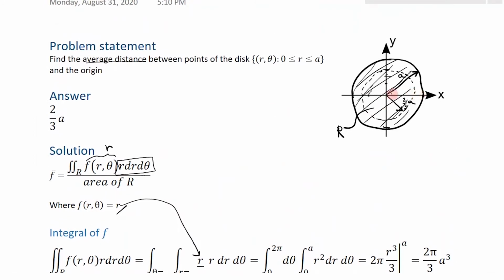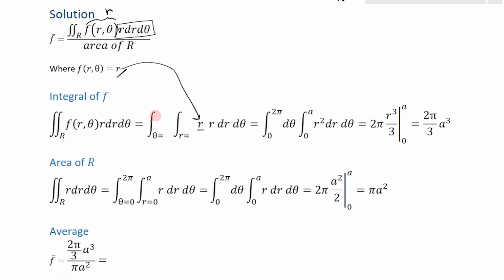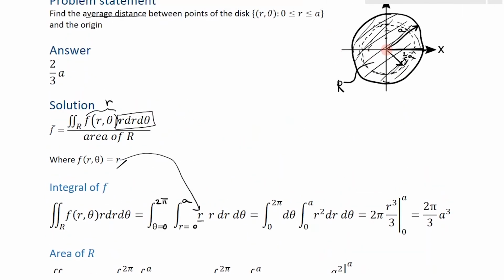So we're integrating from theta equals 0, and then theta keeps increasing all the way until we make a full circle. This would make it theta equals 2 pi. And then r would go from 0 to a. So from the origin all the way to this guy.